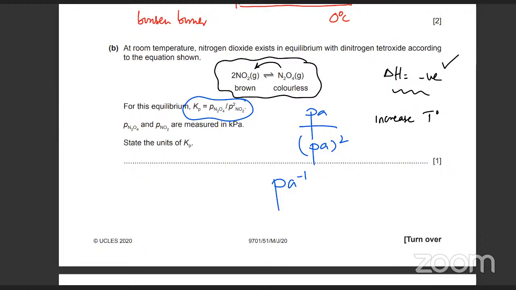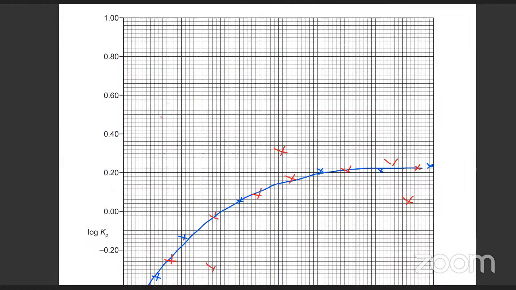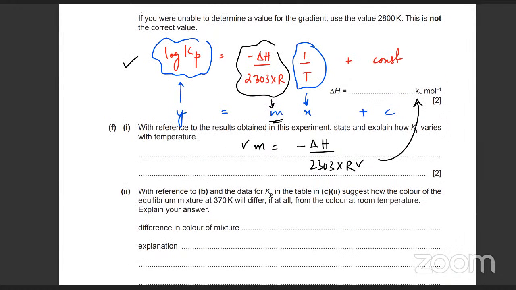So what's the answer for the one above it? Which part? The one after we calculated delta H. With reference to the data, explain how Kp varies with temperature.